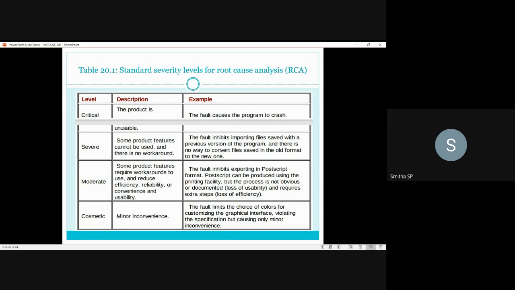And together with that there will be a reduction in efficiency, reliability, convenience, and usability. And coming to the cosmetic level, here you can see the minor inconvenience in the usage of the product.